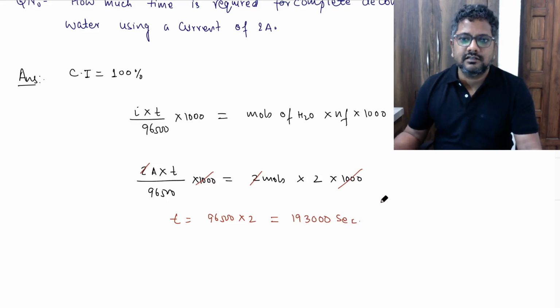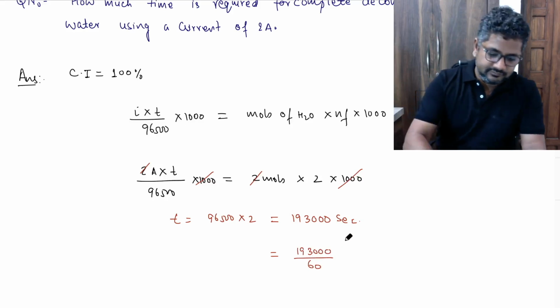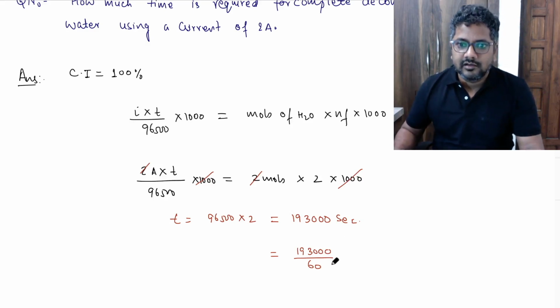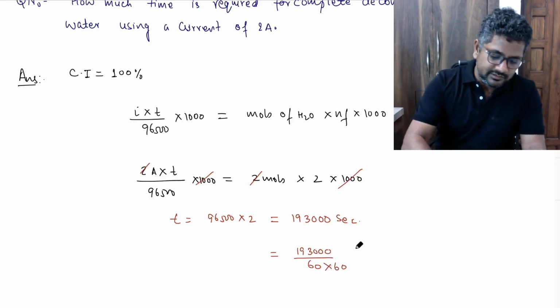This is the answer. Now you can convert this into minutes: 193,000 divided by 60 is 3216, and one more 60 you can take.